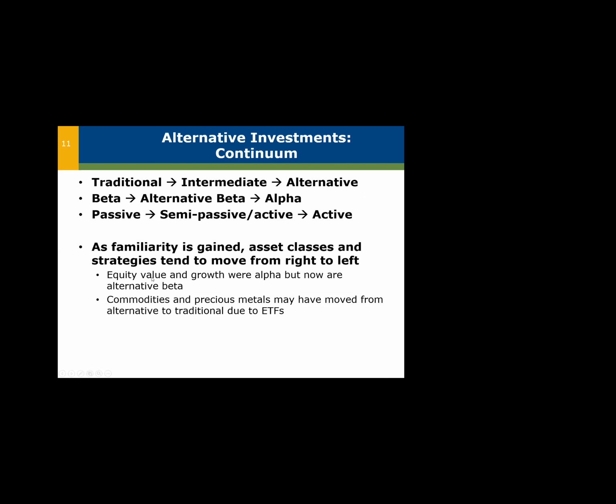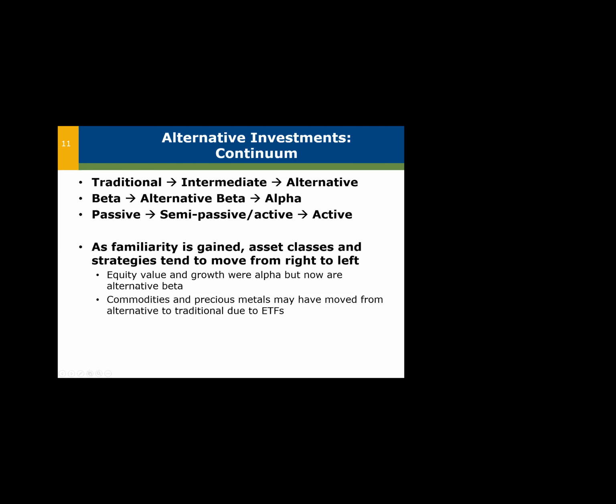And a lot of times you find, and this is why we talk about alpha being rare and valuable, that what initially starts as alpha tends to become commoditized over time. So something will start as alpha, and then people will understand how it works more, and it'll get packaged up into a semi-convenient investment process, and then it'll become like an alternative beta, and then it just becomes kind of common knowledge and well accepted, and then it's just a regular beta.